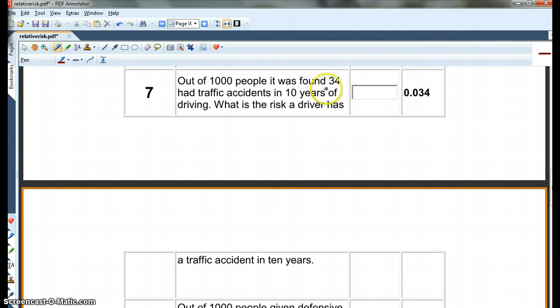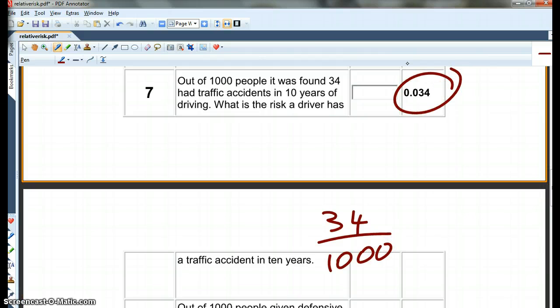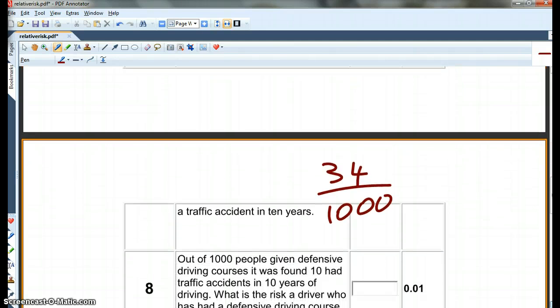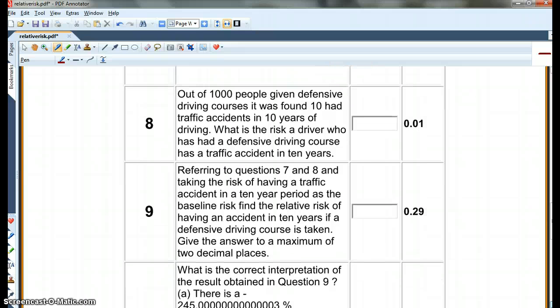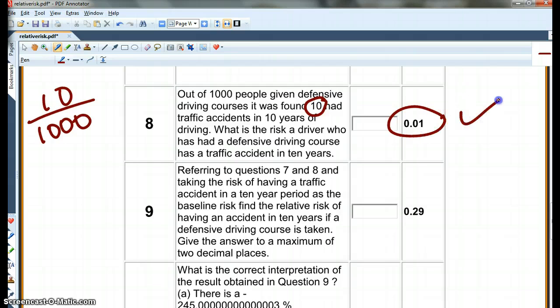Okay, so we've got 34 out of 1,000, and that is just 0.034. Next one. Out of 1,000 people given defensive driving courses, it was found that 10 had traffic accidents. Okay, so 10 out of the 1,000 is that.